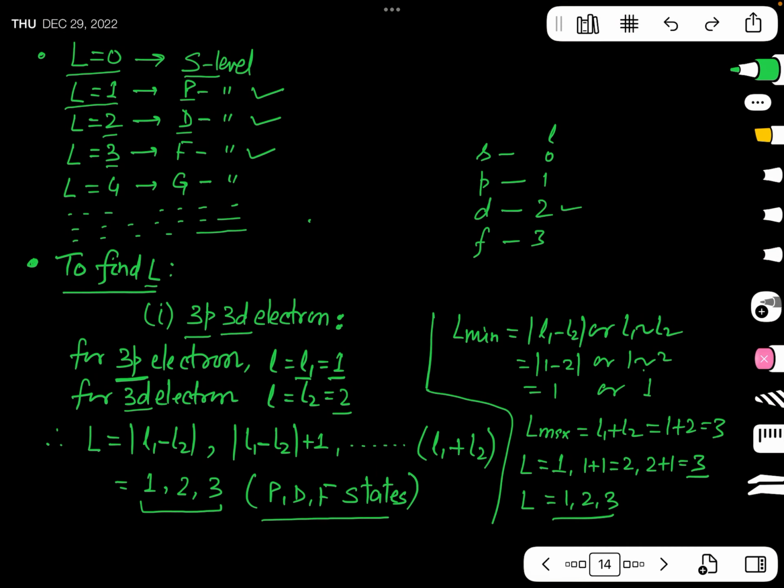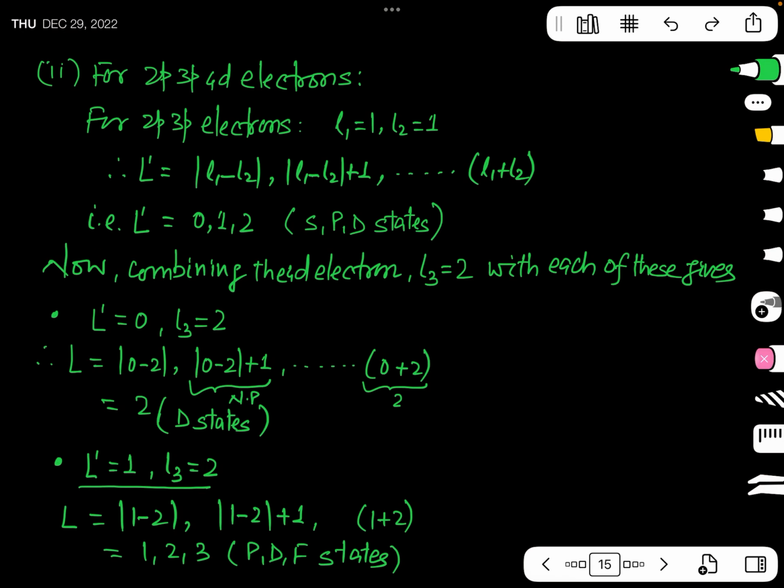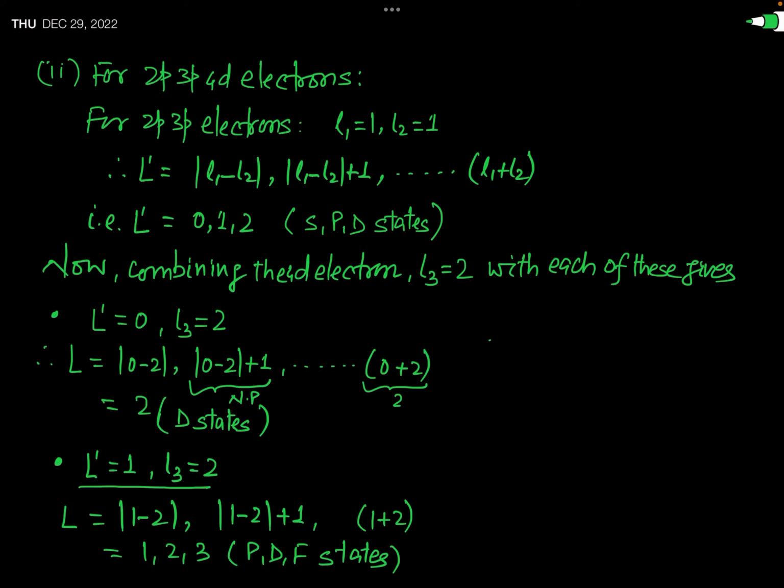Okay. Now we consider an example where there are actually more than 2 electrons. For example, let us take a 2p electron, 3p electron and 4d electron. In fact, when there are more than 2 electrons, we follow a particular technique to find the total orbital angular momentum quantum number capital L. In this condition, first of all, consider any 2 electrons.